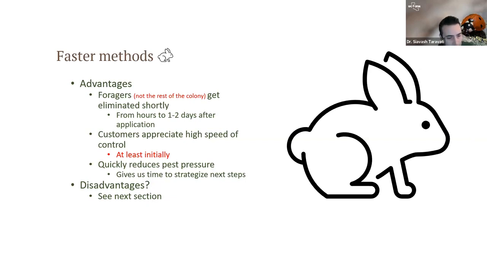But initially, everyone is happy, and the good thing about using these fast-acting pesticides is that you can quickly reduce pest pressure. So pest pressure means the number of pests that you have around, if you have a huge Argentine ant colony or fire ant colonies around the house, and it's really difficult to do a good job controlling them if you don't knock down the population.